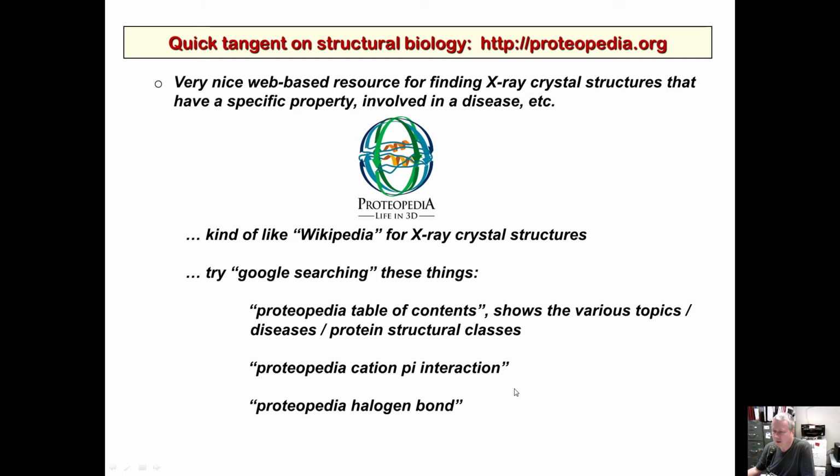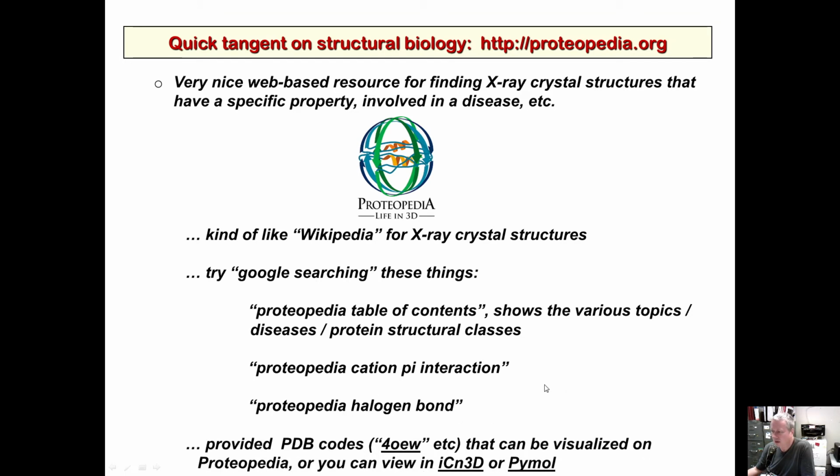Proteopedia halogen bond, and that'll give you more examples of halogen bonding. These will provide PDB codes that you're able to view within Proteopedia, or you can view them using this iCn3D thing that you guys have been using, or PyMOL, or other tools like Chimera.